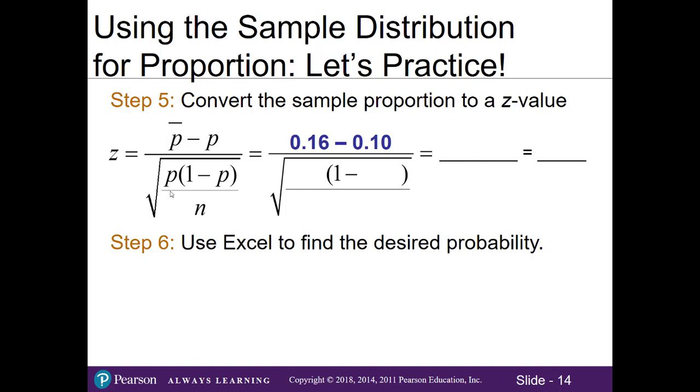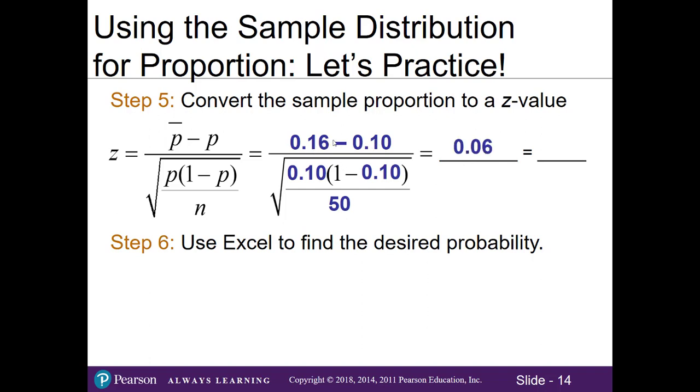And so, as you can see here, our population proportion is what we will plug in. So I'll plug in my 0.10, then I will take the complement of it using 1 minus 0.10, and my sample size of 50. Then I'll go ahead and simplify, and I always work in components to avoid errors.